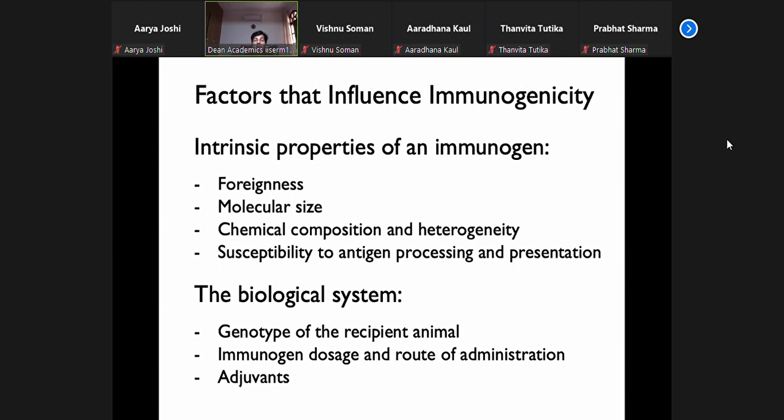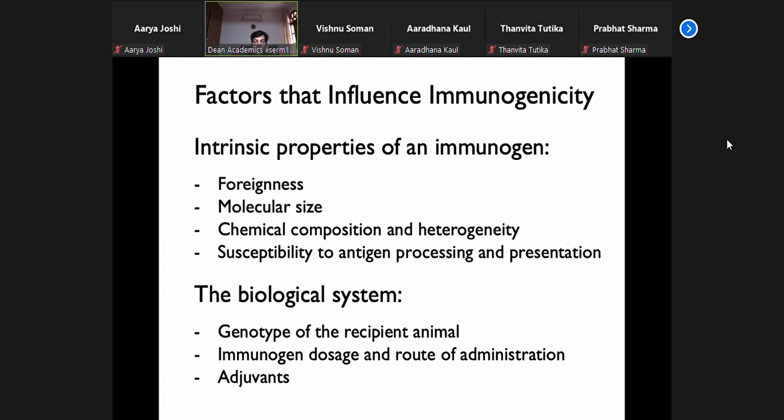When we talk about animals, for example, to generate antibodies, certain genetic backgrounds of animals are more able to induce an immune response than others. So the biological system also plays an important role in whether immunogenicity is induced or not.